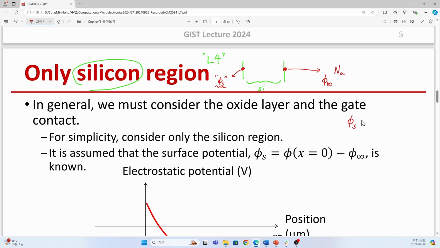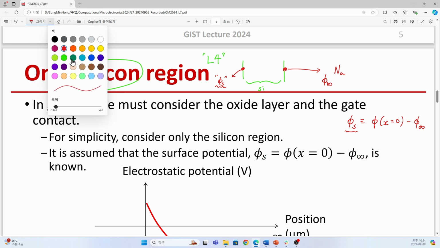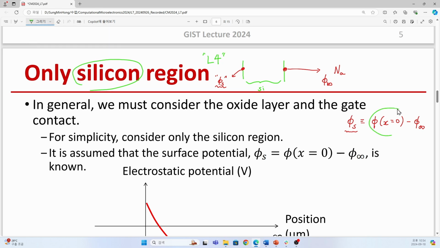The surface potential was defined as the potential at the interface referenced to the deep substrate. So when we know this surface potential, then we automatically know the value of our electrostatic potential at the x equal to 0 point.